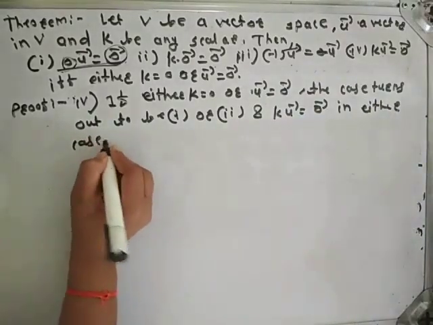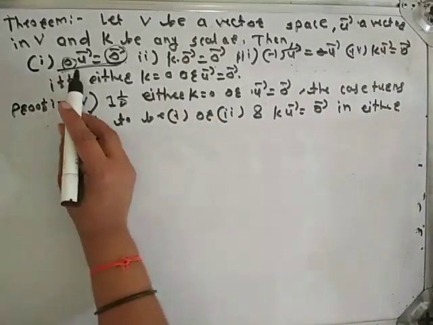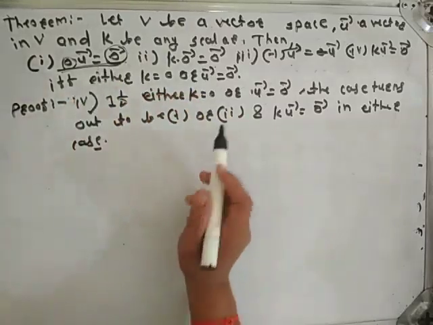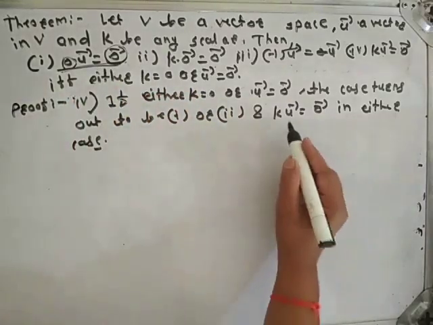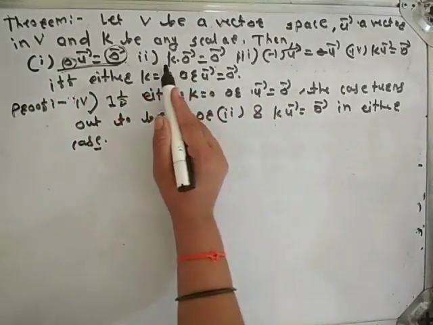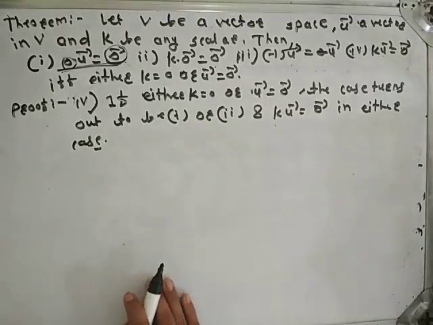Okay. It is very simple. If you put k is equal to 0, we will get 0 into u bar is equal to 0 bar by using case 1. And if we put u bar is equal to 0 bar in case 2, we will get k into u bar is equal to 0 bar.